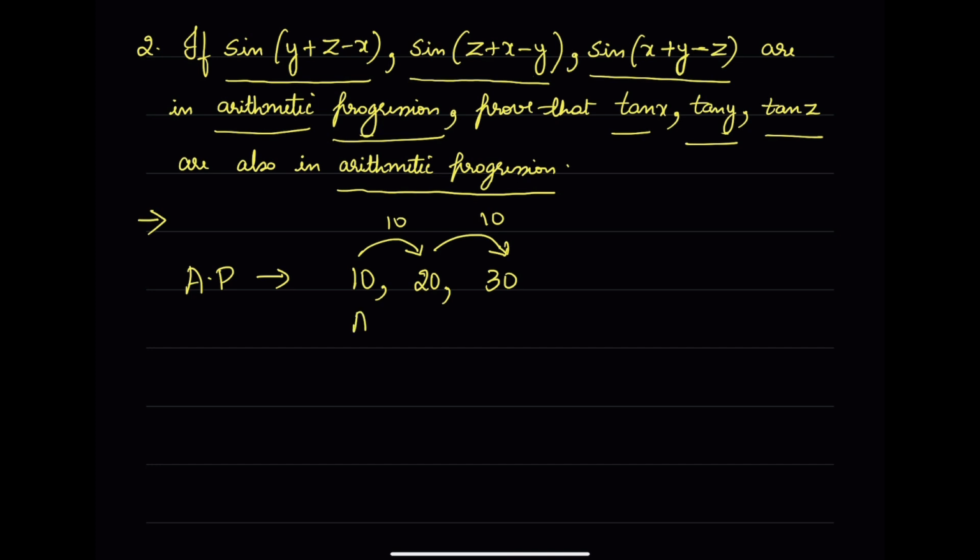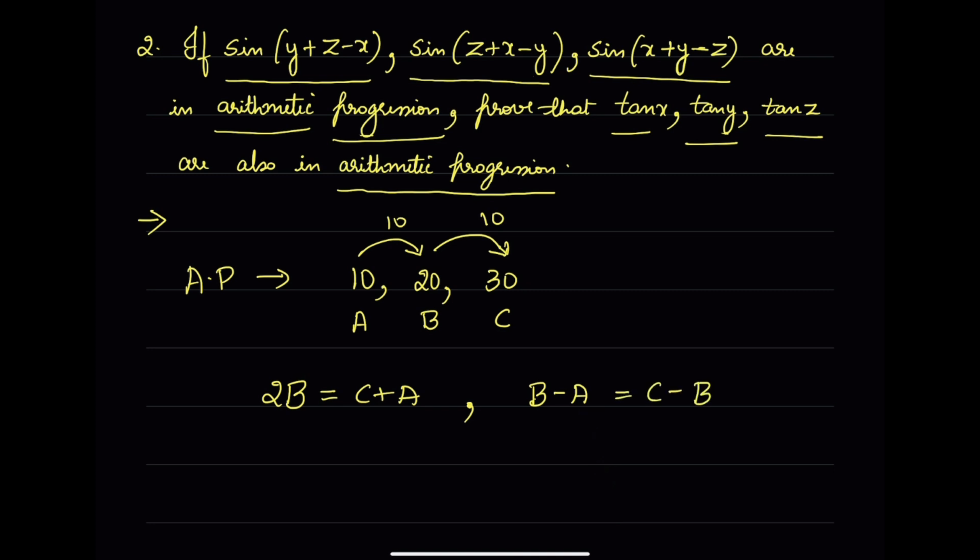So if I consider 10 to be A, 20 to be B and 30 to be C, we can infer that 2 times B is equal to C plus A. That means 2 times B, which is 2 times 20, 40, is equal to 10 plus 30. Also, in arithmetic progression, B minus A is equal to C minus B.